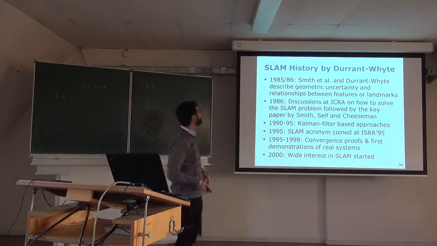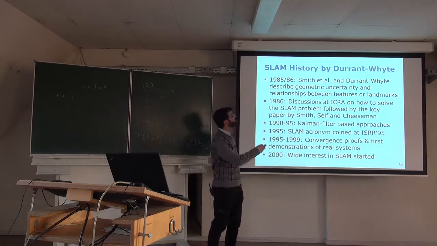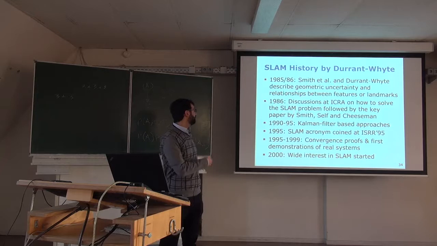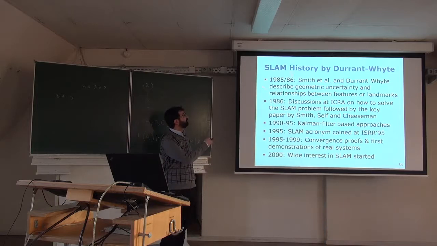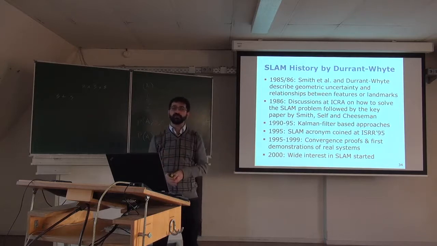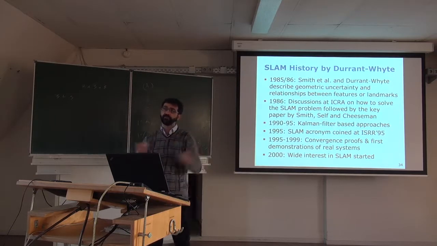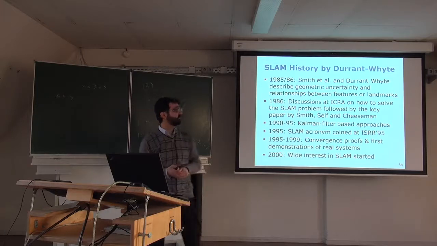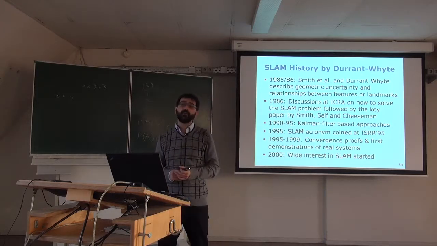There is also a history of SLAM written by a certain Durrant-Whyte, who was one of the pioneers in the field. There is a paper where he talks about this whole history of SLAM. I can just tell you briefly that the problem started in 85, 86, when they tried to formulate how we can actually reason about this quantity, this spatial transformation, in an uncertain way, and it goes on, and then in the end of the 1990s and beginning of 2000, there was a lot of interest in the problem, a lot of papers in the research community, a lot of effort from a lot of groups worldwide.